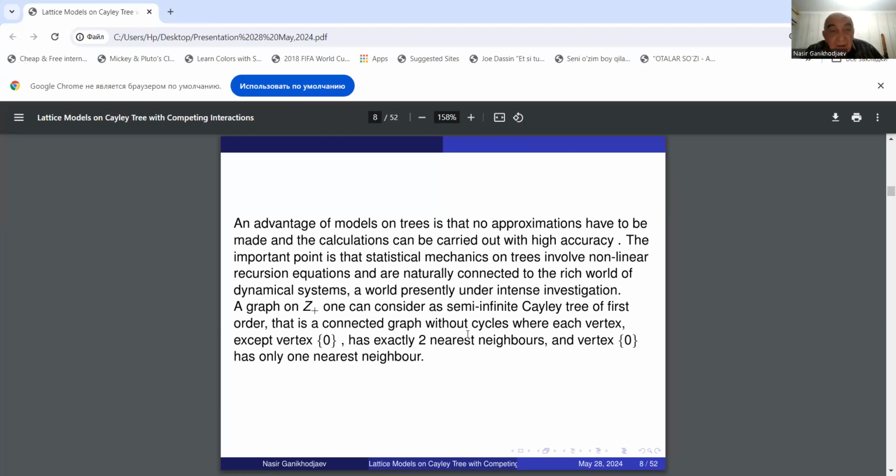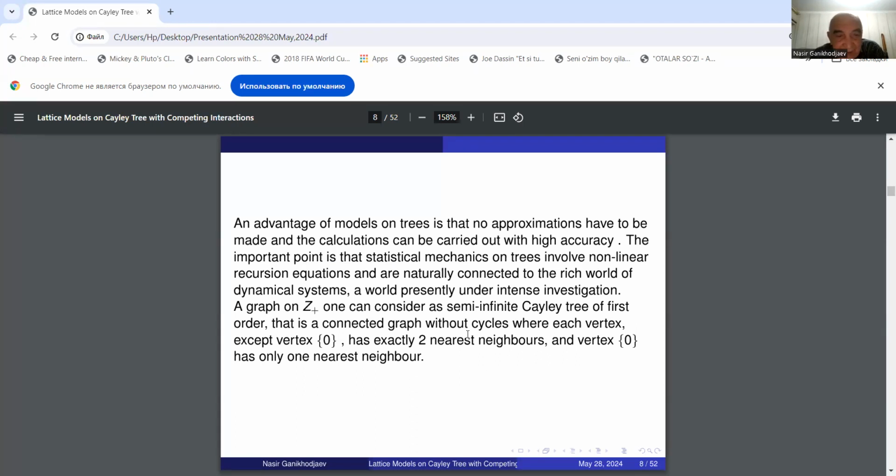Later I will consider a graph on Z_+. This is an interesting graph because on one side this is the one-dimensional integer lattice, and on the other side, this is the semi-infinite Kelly tree of first order. That is, we can consider Z_+ as an integer lattice and at the same time as a Kelly tree of first order. This is very convenient for the future.